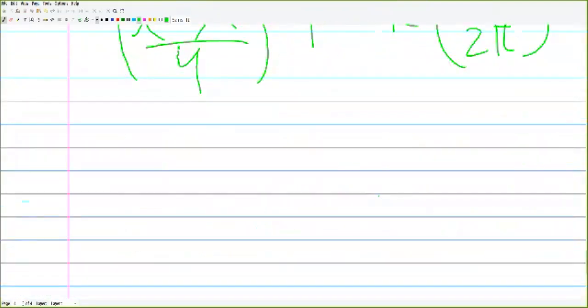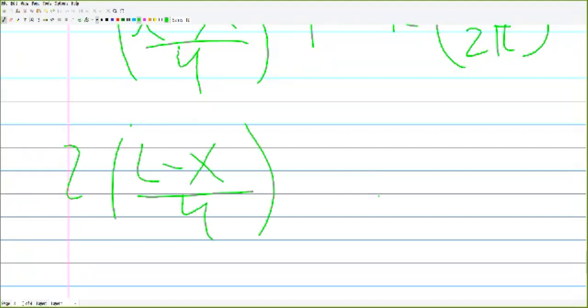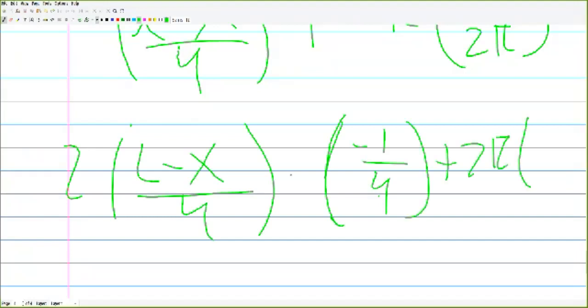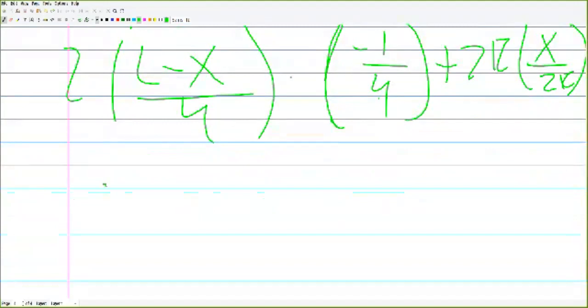That's going to be equal to what? 2 times x over L minus x over 4, times that, negative 1 over 4, plus 2 pi times x over 2 pi, plus the times the derivative, which is 1 over 2 pi.